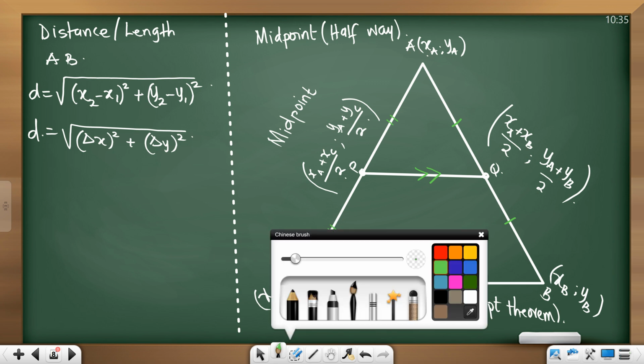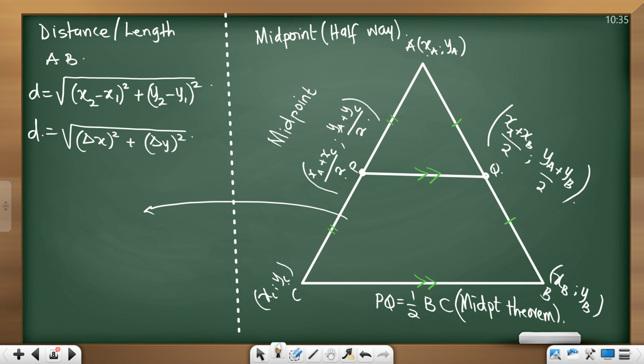All right? Midpoint theorem. Line drawn, the midpoint, you can see we have the midpoint, right?